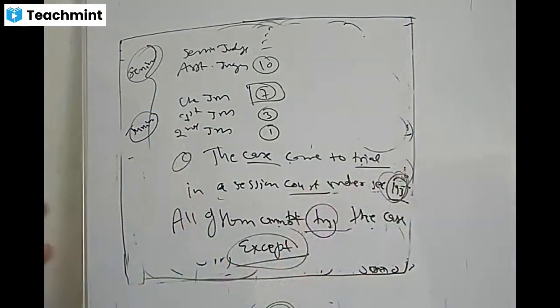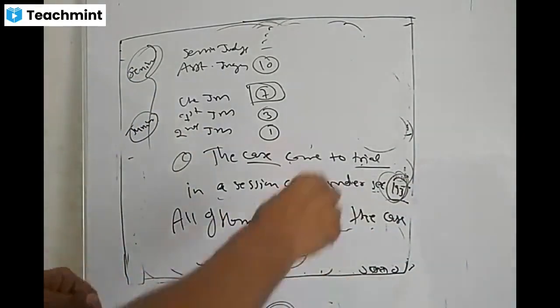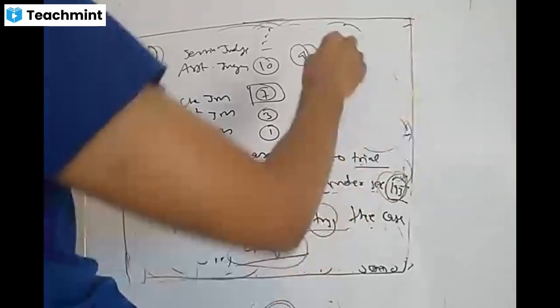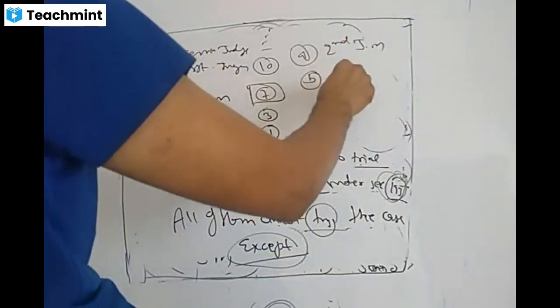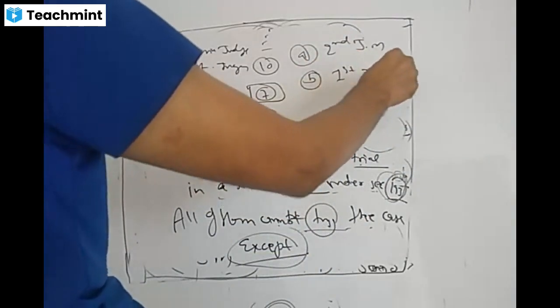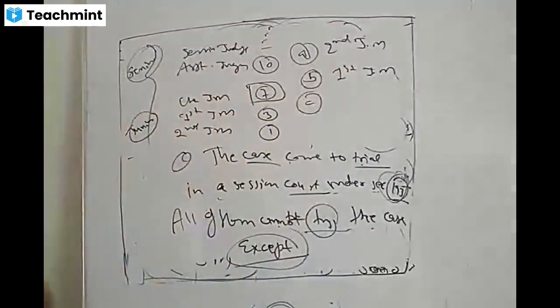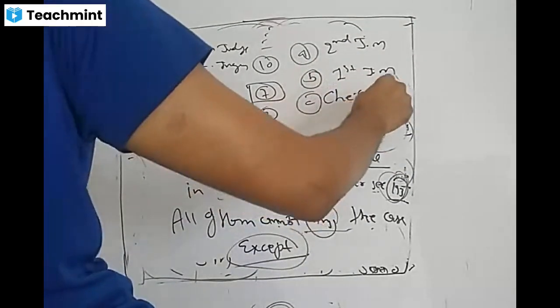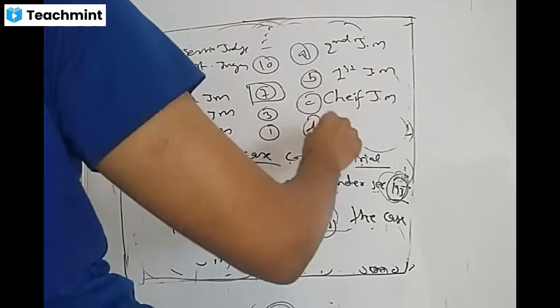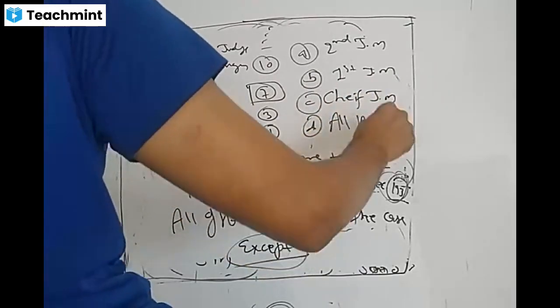So the options are: option A is second class judicial magistrate, option B is first class judicial magistrate, option C is chief judicial magistrate, and D is all of the above.